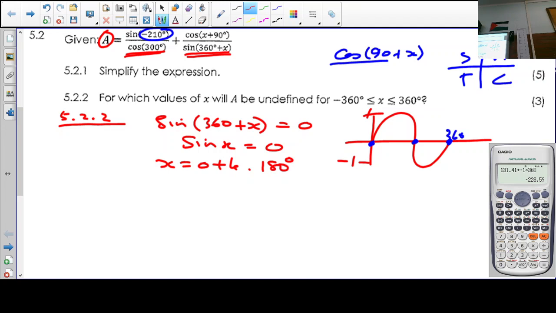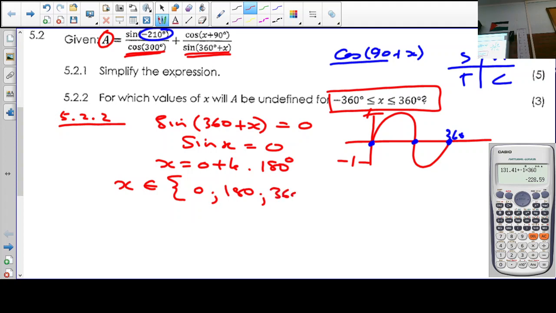But the restricted domain is from negative 360 to 360. So in other words, x is an element of, I could have just said 0, 180, 360, and on the other side, negative 180 and negative 360. Now say we didn't know that. We go with k is 0, so it will be 0. K is 1 is 180. K is 2 is 360 plus 0, which is 360.